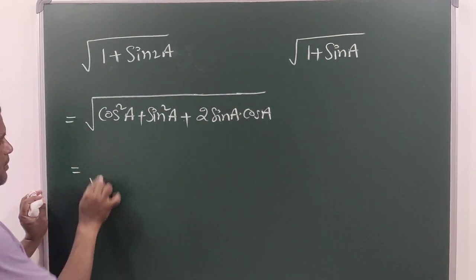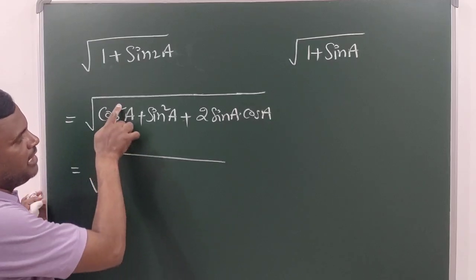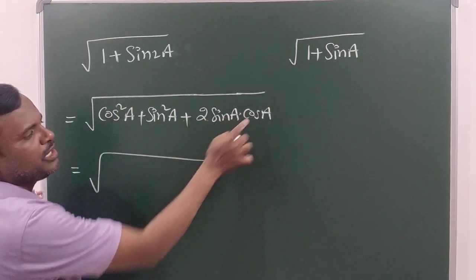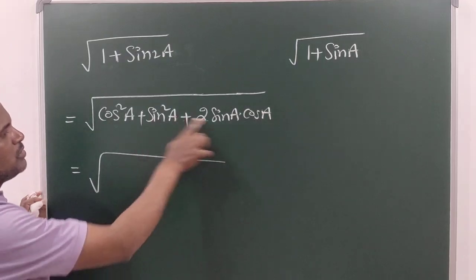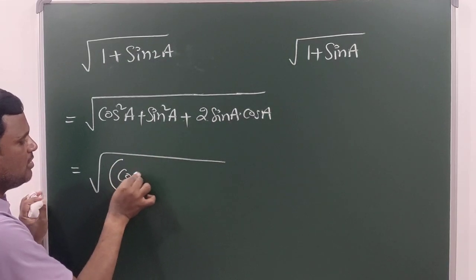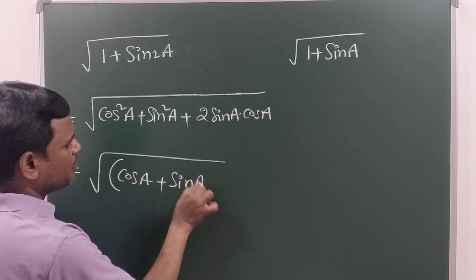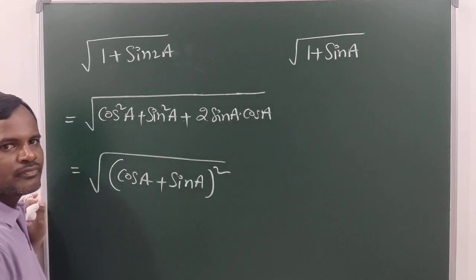So in the next step, observe this. It looks like a square plus b square plus 2ab. So inside of the square root, it can be written as cos a plus sin a whole square.